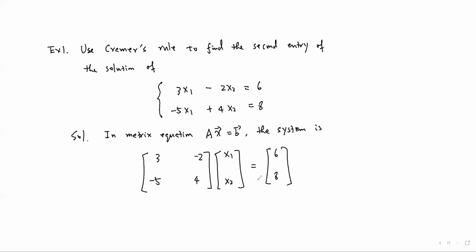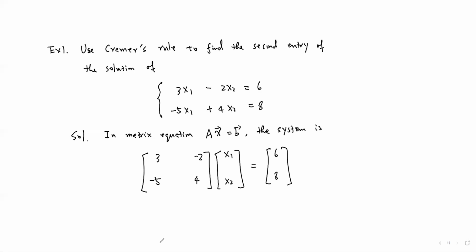This is the matrix equation of the linear system, where A, capital A, is this matrix and B is this vector.